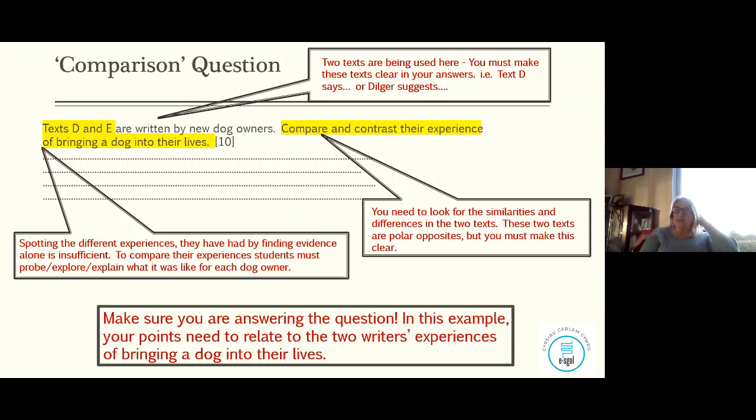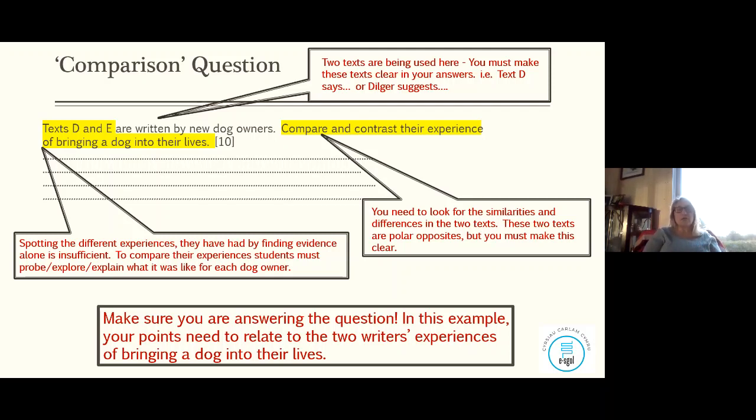Okay, so spotting the different experiences they have had by finding evidence alone is insufficient. To compare their experiences, students must probe, explore, and explain what it's like for each dog owner. Okay, so you need to really look at text D, find out what they think of being a dog owner, look at text E, find out what they think of being a dog owner, and then compare the 2.